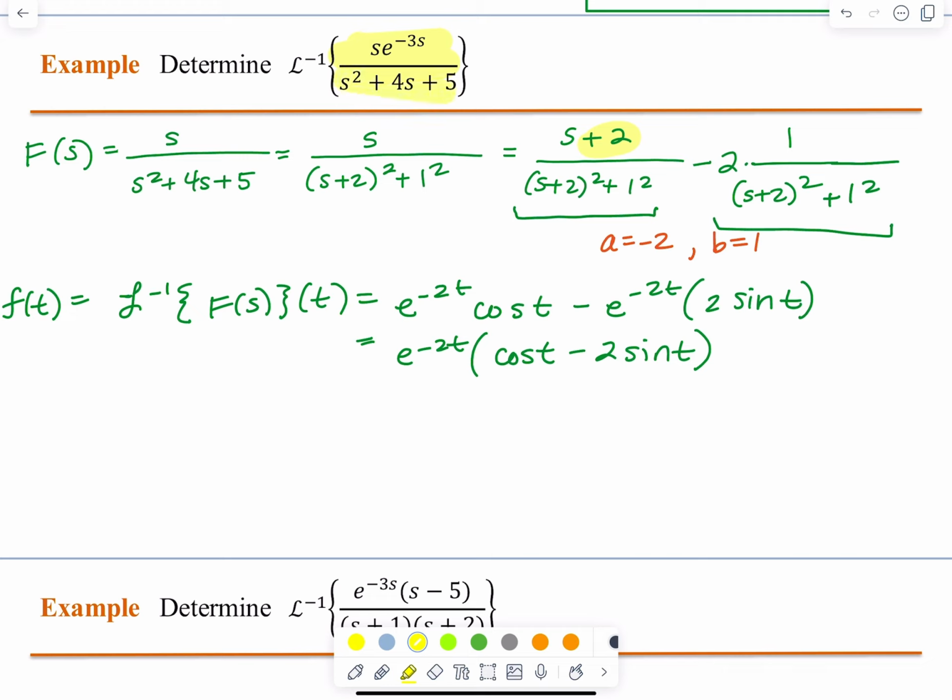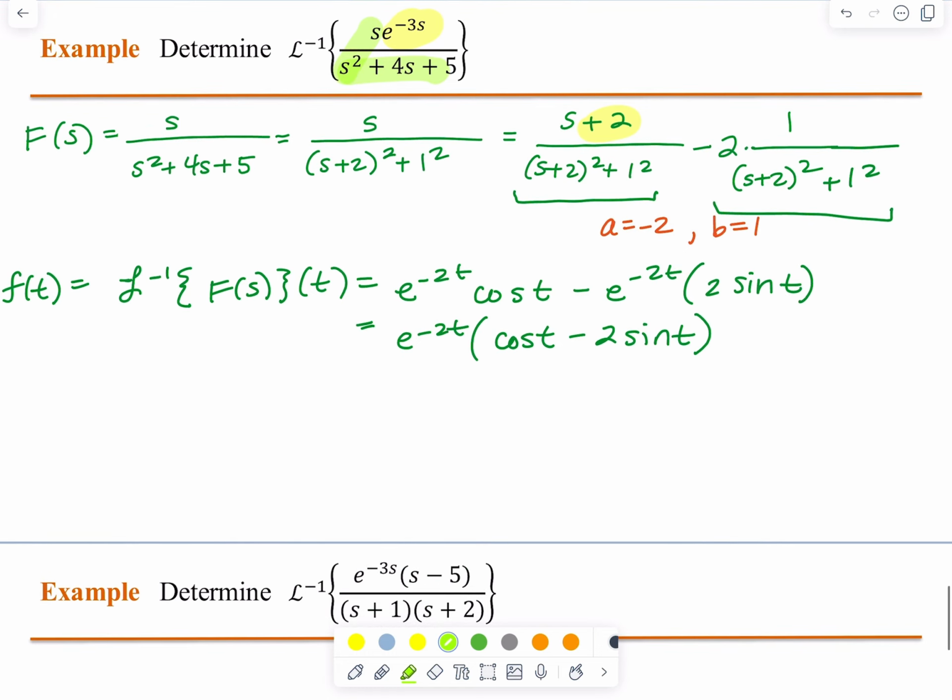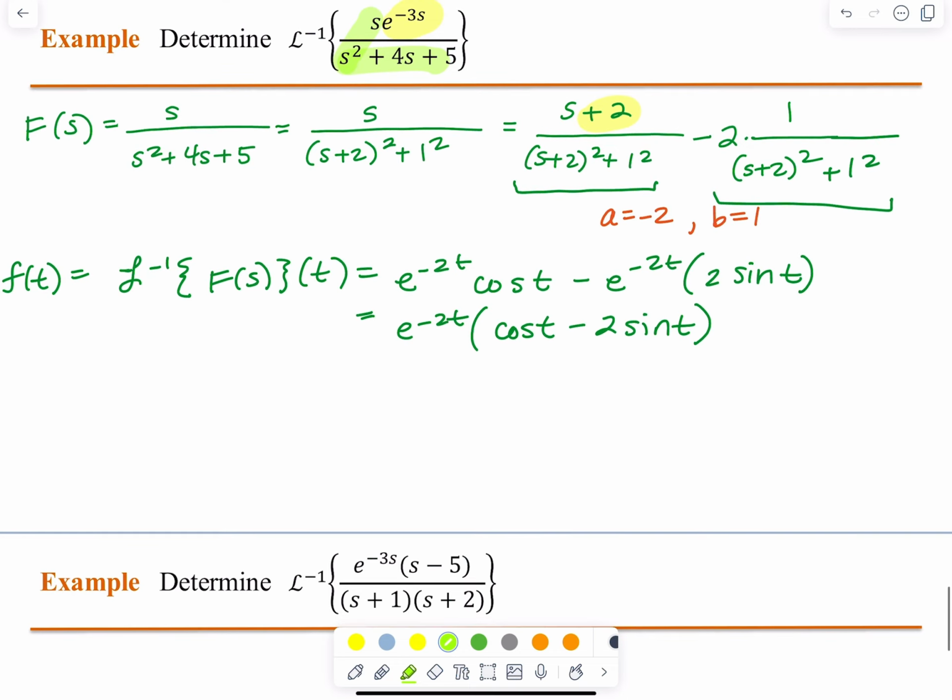Okay, so now let's go back and look at what we started with. We were actually looking for the inverse of this function, but as you can see, we have e to the negative 3s multiplied by our F of s that we just computed.